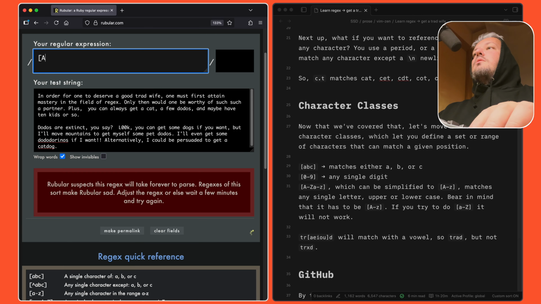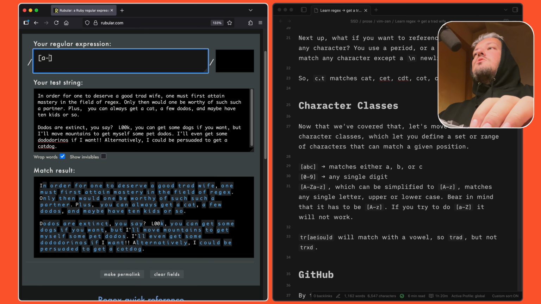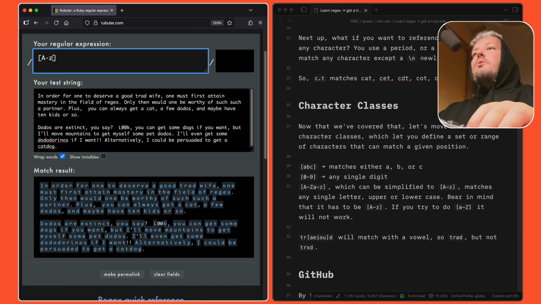And if you want both, you do something like this. And now it matches every single letter, but not digits or symbols. Now if you want to, you can actually write this as shorthand like this, with capital A dash lowercase z. And it will do the exact same thing, although this does not work. It has to be capital first and then lowercase.